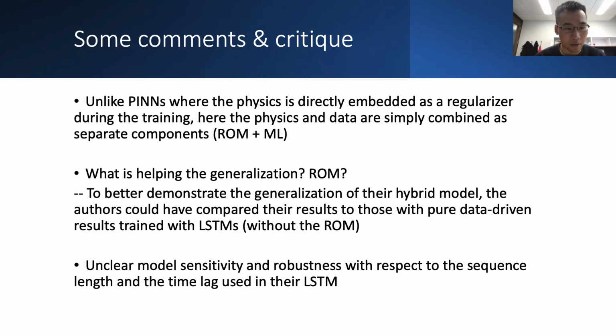I think to better answer this question, they should also compare their results with those from the pure data-driven results, trained with the LSTM but without the ROM. Then we could compare, adding physics, how would it help?